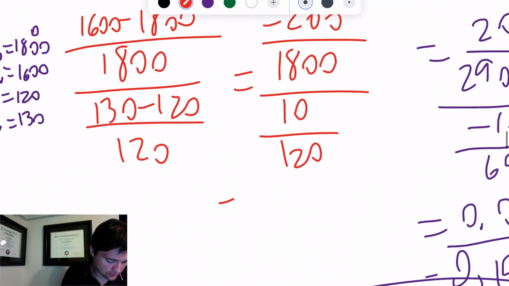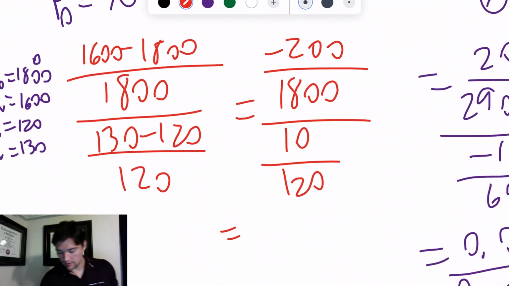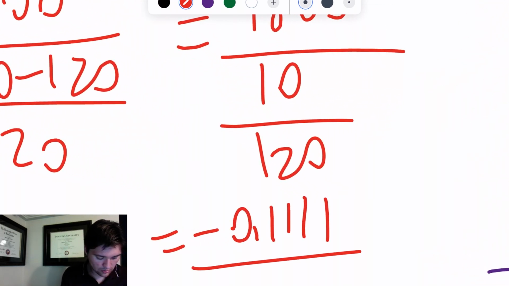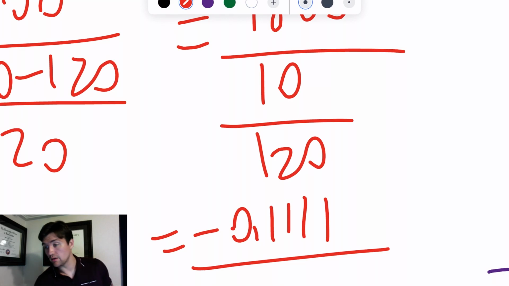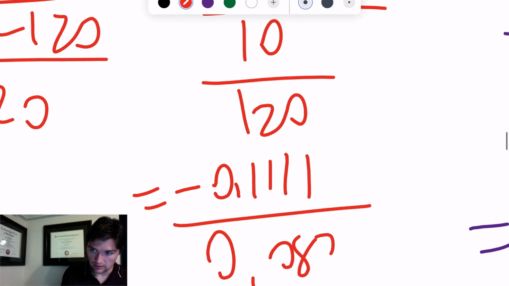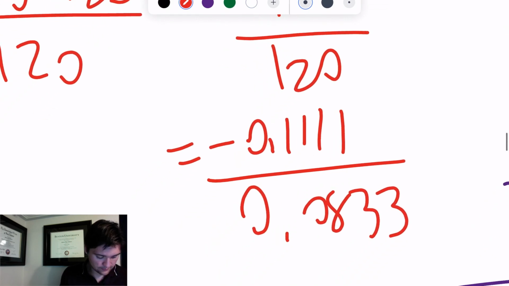If we did those numbers, negative 200 divided by 1800 should be negative 0.1111, and 10 divided by 120 should be 0.0833.